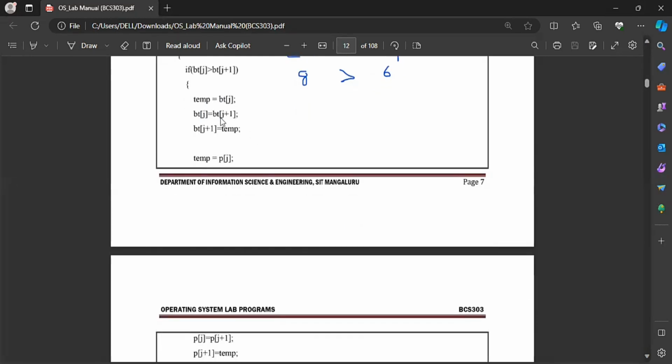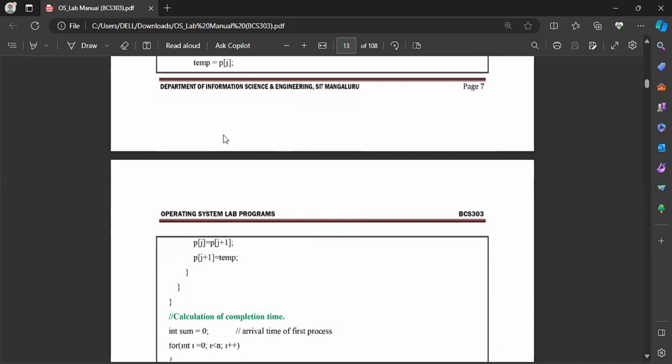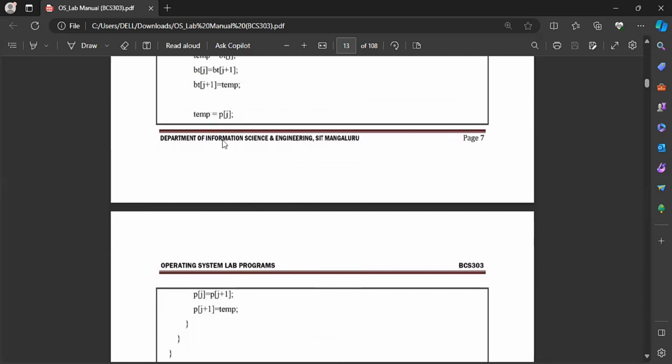In a similar way, we have to sort the processes also, right? Using this code, the processes will be sorted.